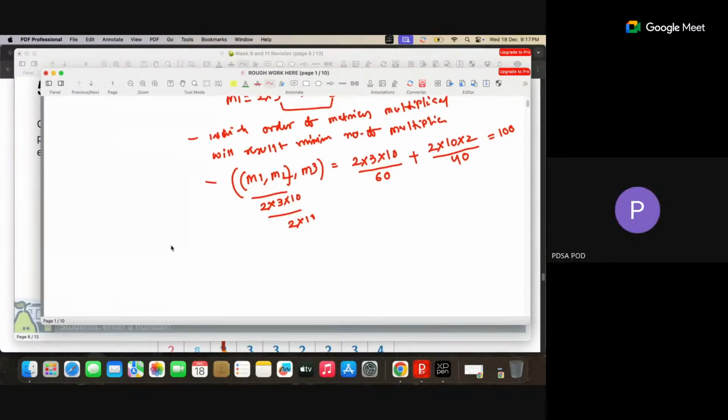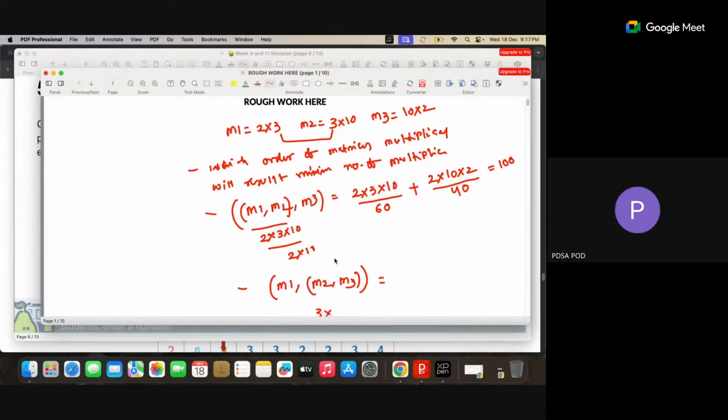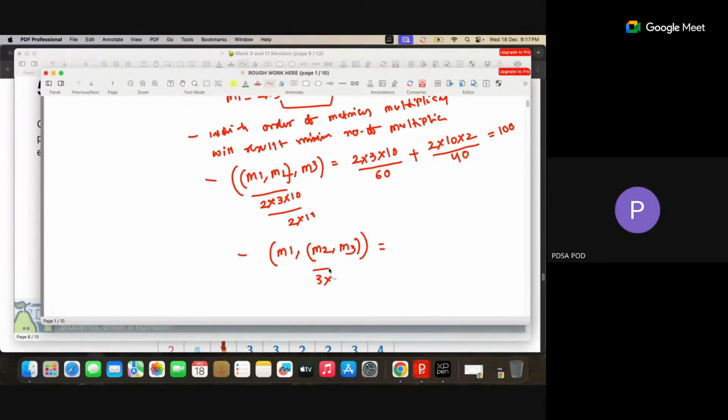Now we try the other way of multiplication: M1, then M2, M3. First we multiply these two, then multiply the result with M1. Let me check the size: 3 into 10 into 2.